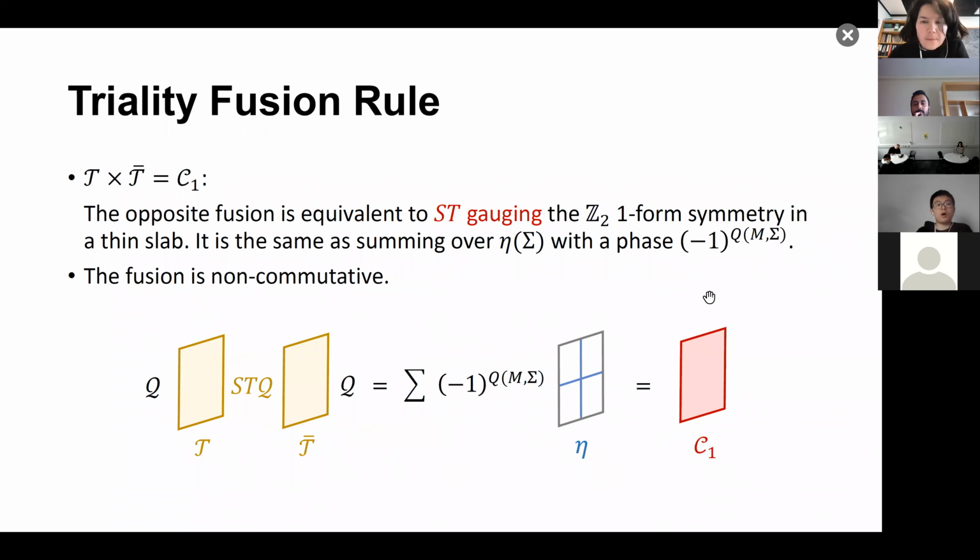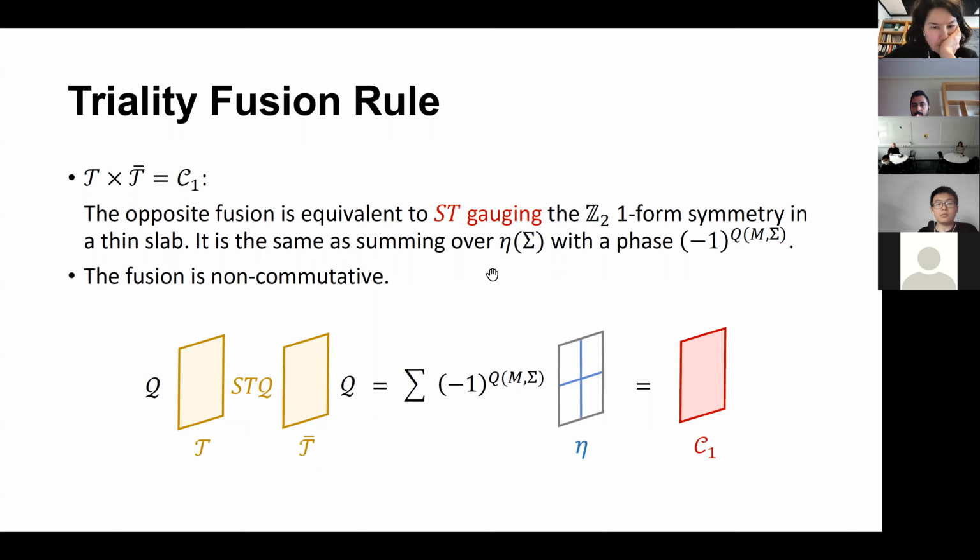We can also talk about the opposite fusion, how T and T bar are fused. T is an interface that separates Q and STQ, and T bar is an interface that separates STQ and Q. Now, as before, we can interpret the fusion between T and T bar as doing an ST gauging within this thin slab sandwiched between T and T bar.